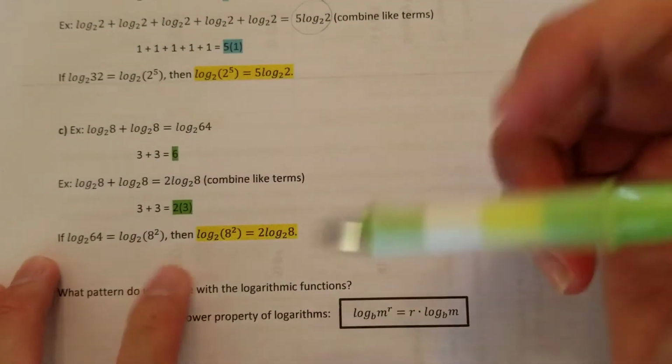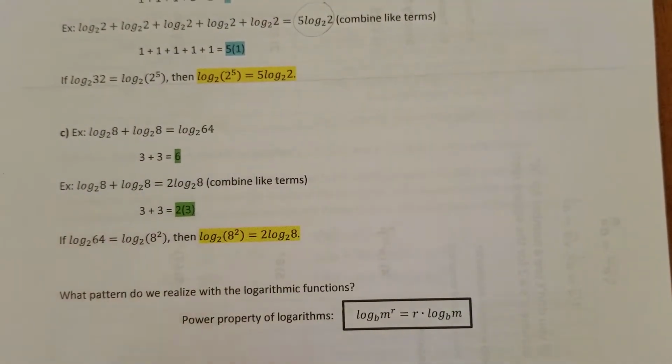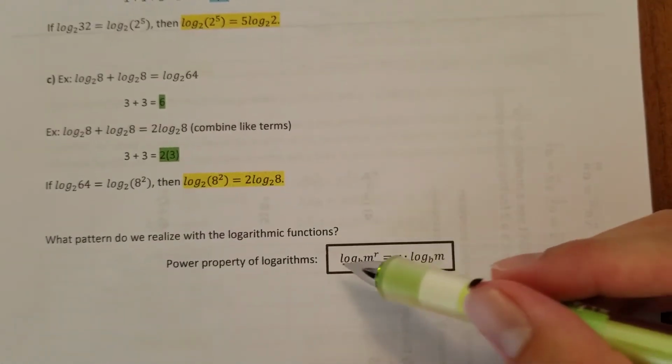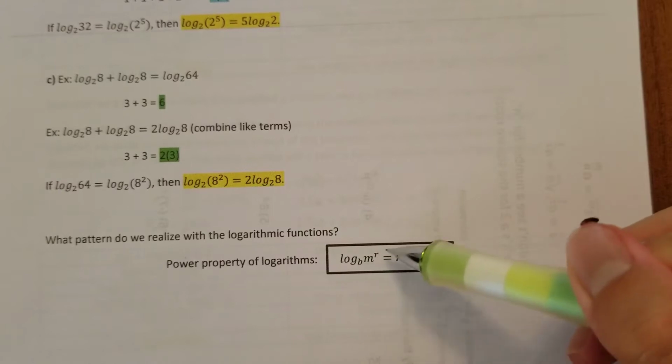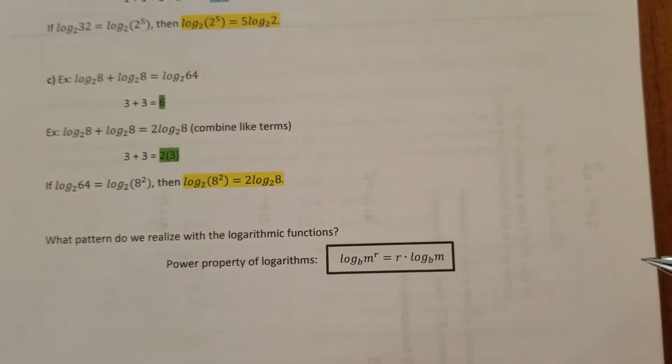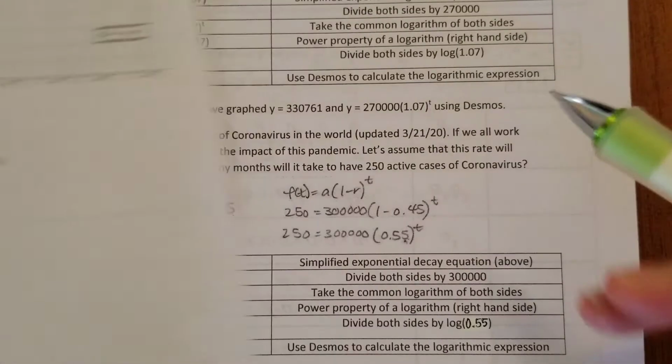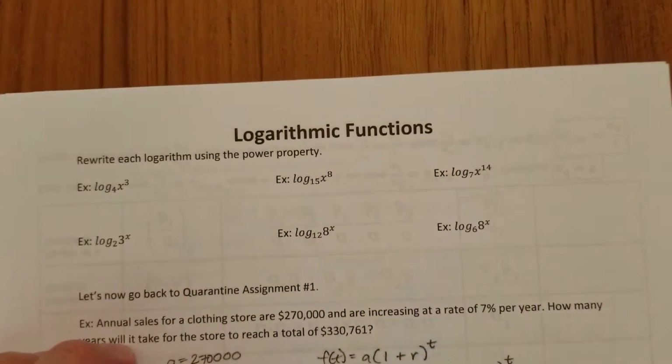You can see that in this example here too. I'll let you try to figure it out. But in general, the power property says that if you have any logarithm raised to an exponent, that exponent can be thrown in the front. So what I'm going to show you is an example.